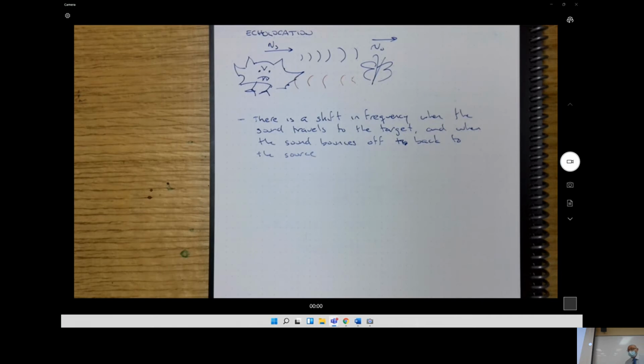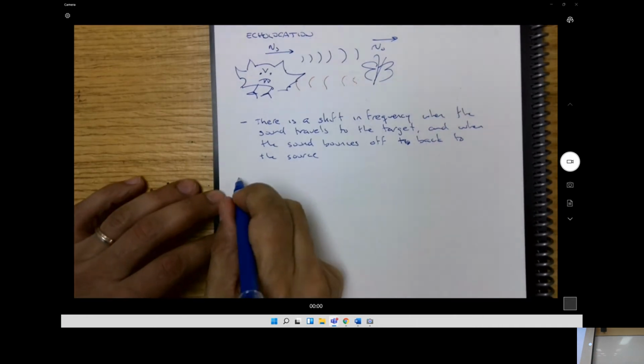Okay, so the way you solve these kind of problems is basically dividing the Doppler effect in two parts. One when it goes up to the target, and then the second part when it bounces off.